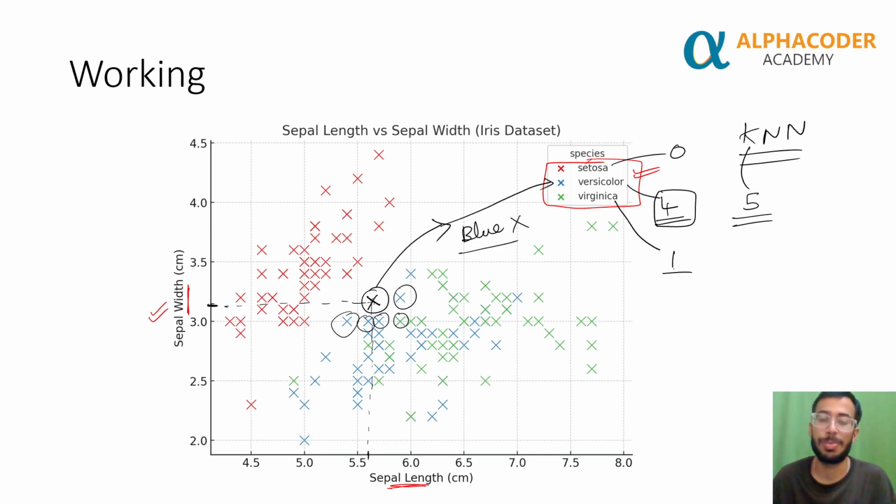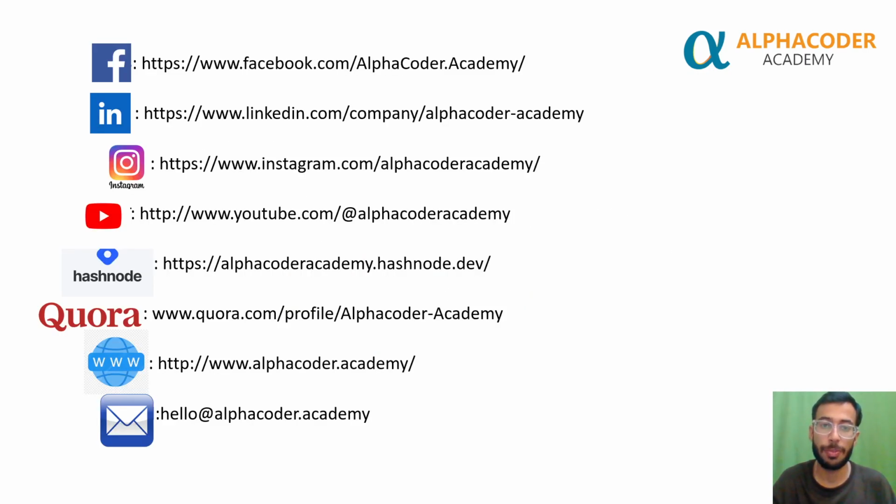So that's how the KNN algorithm works. It's a very intuitive, easy algorithm to understand, its intuition, its maths, and its working behind. I hope you have got a good idea about how exactly the KNN algorithm works and how we can implement it on the iris data set, and you must have got the intuition behind it.